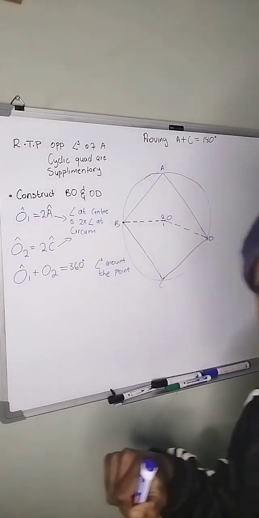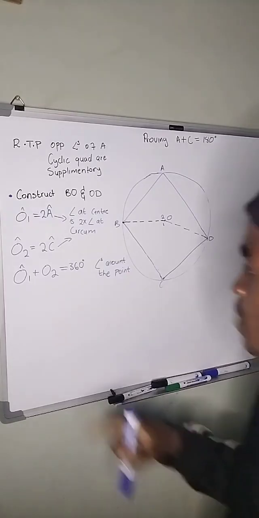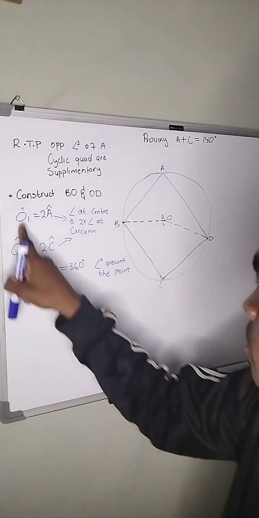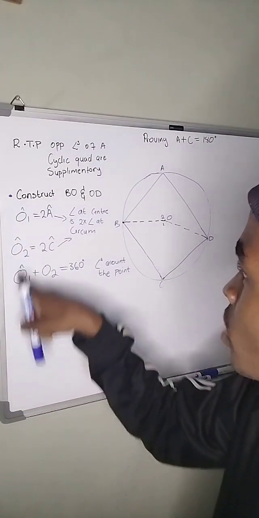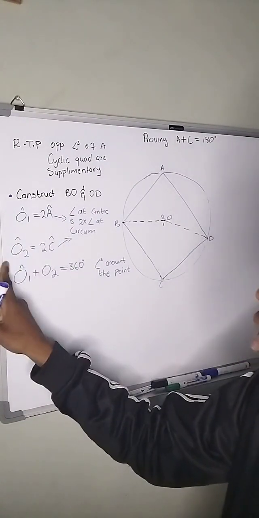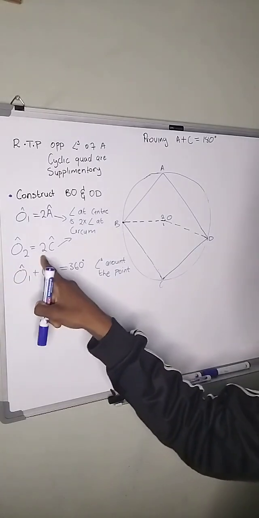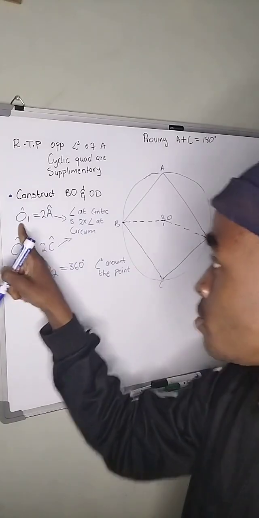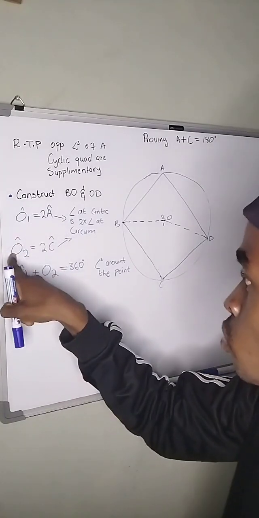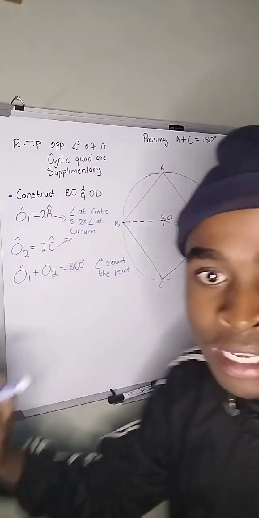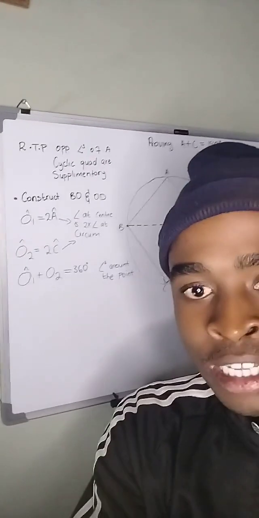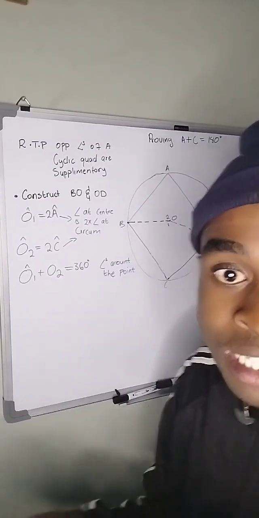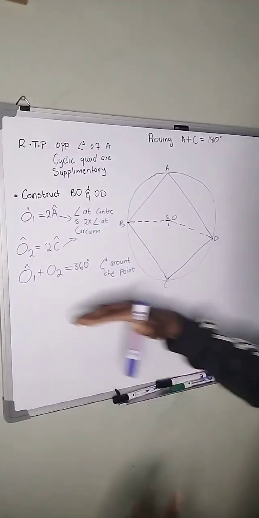So now what am I going to do? I'm going to change this O1 to what? Since my O1 is going to be equal to 2A and my O2 is going to be equal to 2C. Guys, let's teach each other how to close the statements, because that's very important, because some people break here.